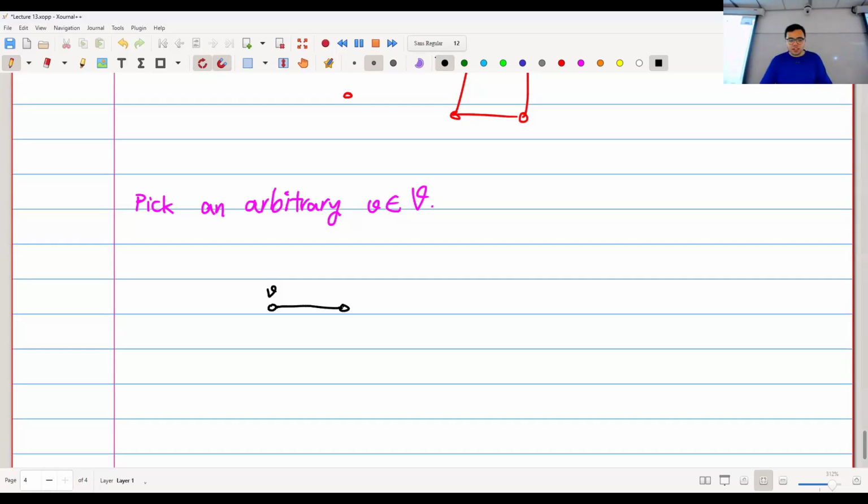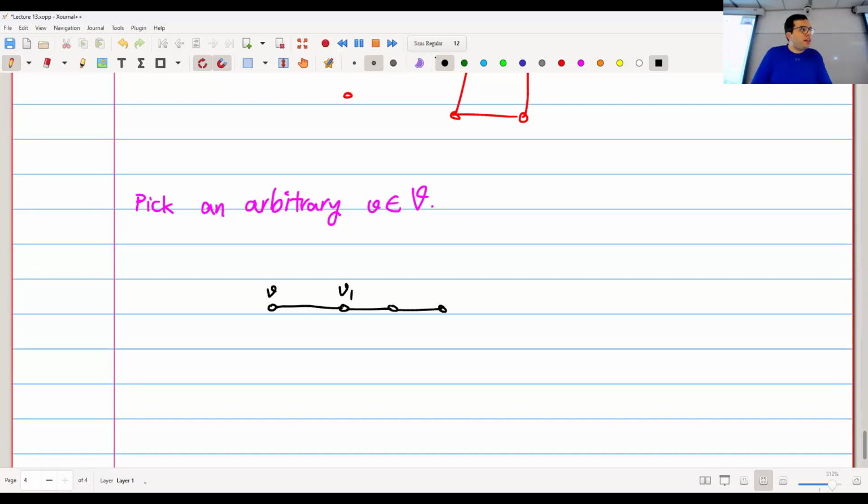Okay. I get to a new place. Let's call this one V1. Do the same thing. If there is another edge, just take that edge. Keep doing this. As long as you're not at a dead end, as long as where you are gives you another edge that you have not traversed before, just keep taking that edge.